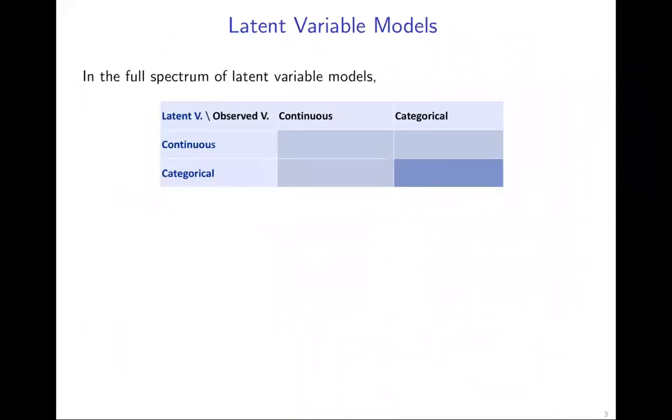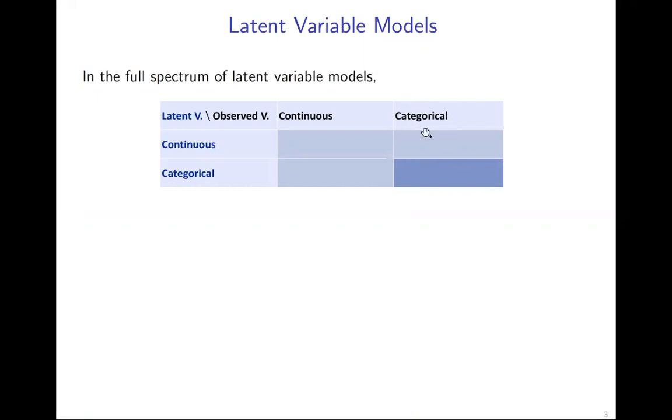So based on this goal, it's very natural to consider latent variable modeling. And the latent variable had better be discrete because scientists' goal there was really to do diagnosis, whether the skills are present or not present. So based on this, in the world of latent variable models, we should actually focus on the bottom right cell using categorical latent variable to model categorical observations.